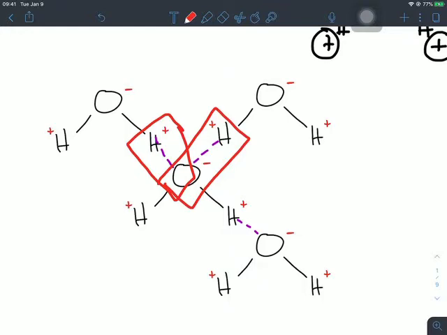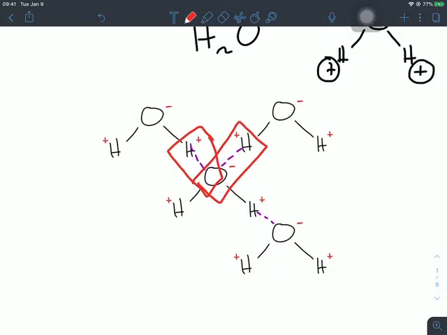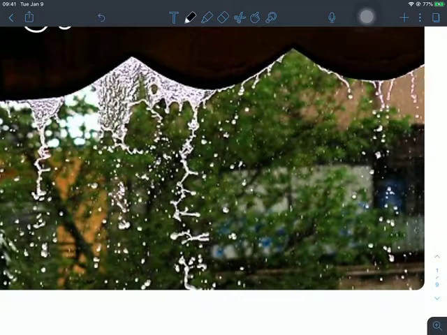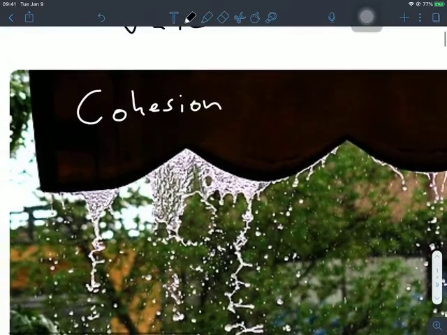But even in your glass, as water moves around in your cup of water, these hydrogen bonds that drive cohesion allow water to stick to itself. And therefore it does so when it's rolling off an awning or when it's coming out of the sky.